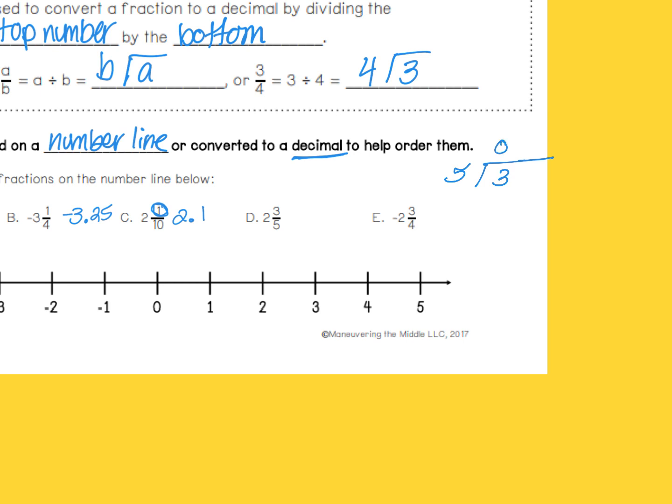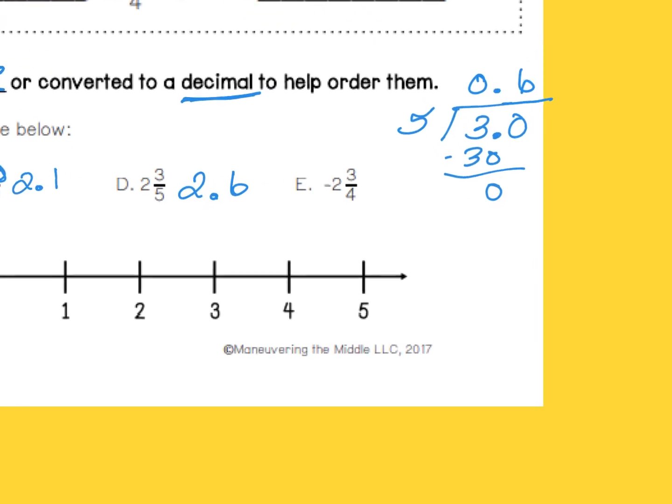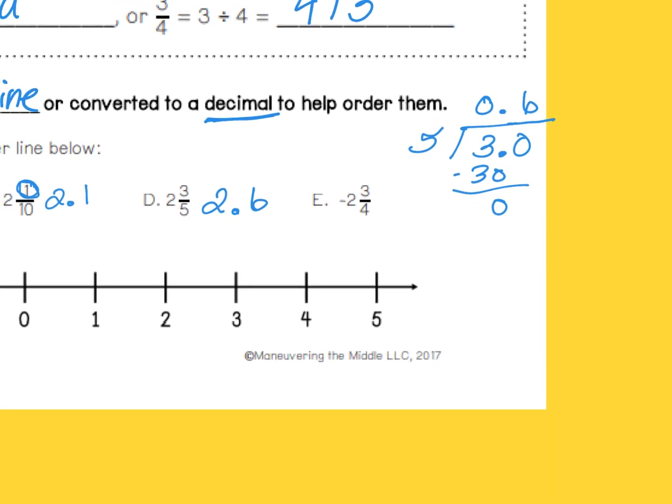So I'm going to put a 0 up here, and I'm going to add a decimal and a 0, bringing my decimal up into my quotient. 5 goes into 30 6 times because 5 times 6 is 30, with nothing left over. So D would be 2.60, or just 2.6.